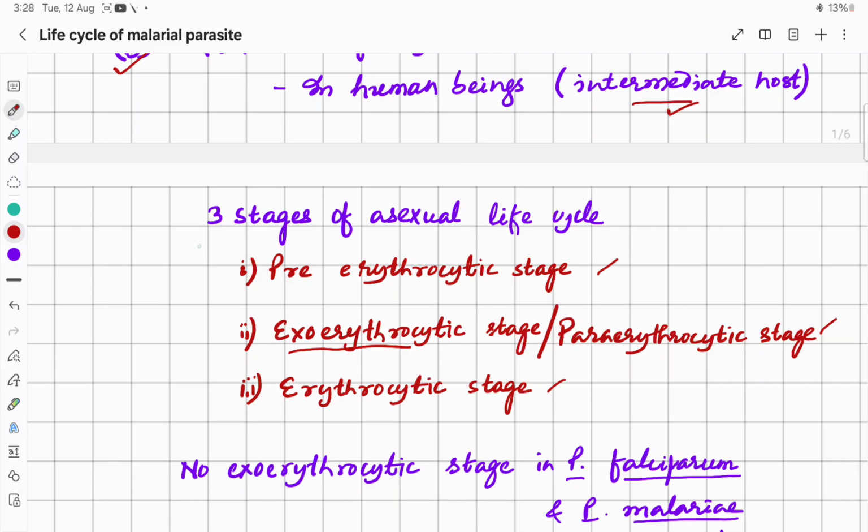So there are three stages mainly in case of Plasmodium vivax and Plasmodium ovale, but in case of Plasmodium falciparum and Plasmodium malariae, there are two stages, not three, because exoerythrocytic stage is absent.